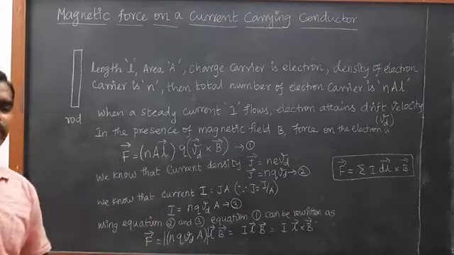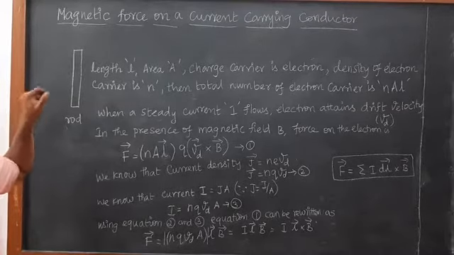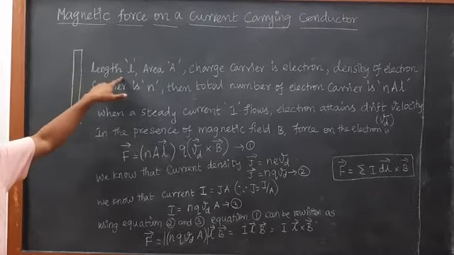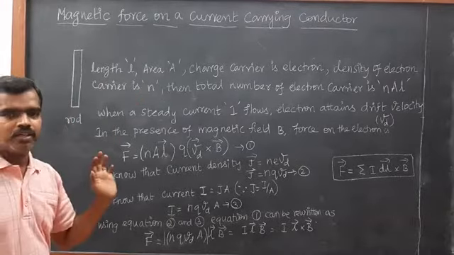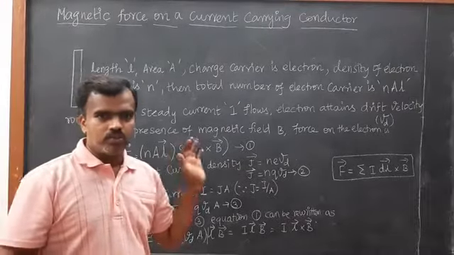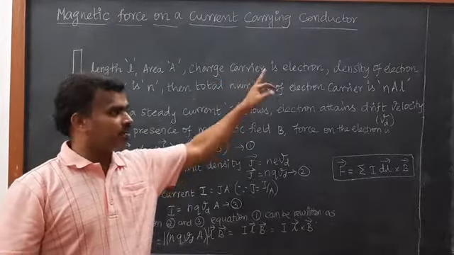Here I'm going to take one rod. That rod has a length L and an area of cross section A, and we have assumed that the charge carrier is only electrons, not holes.